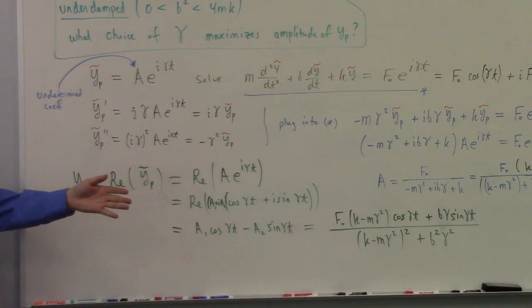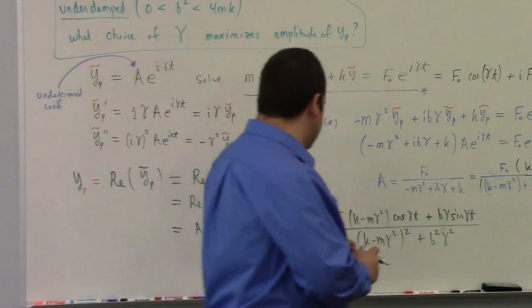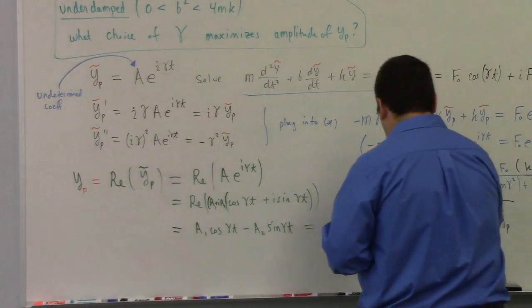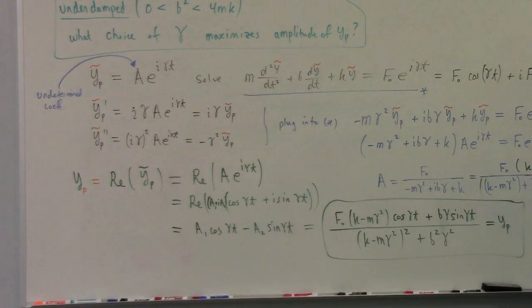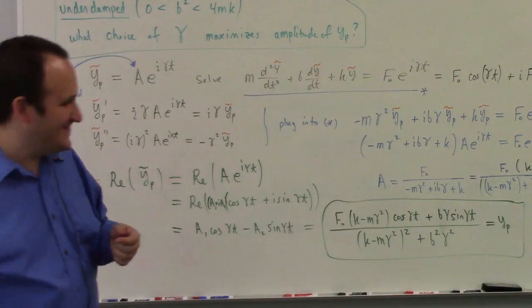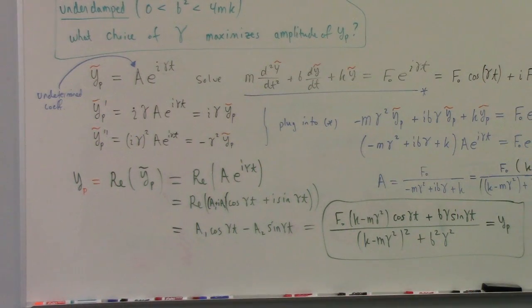Okay, so that's the particular solution. What's its amplitude? Now that we got this, what's the amplitude? I guess the larger question is, can you add sines and cosines?